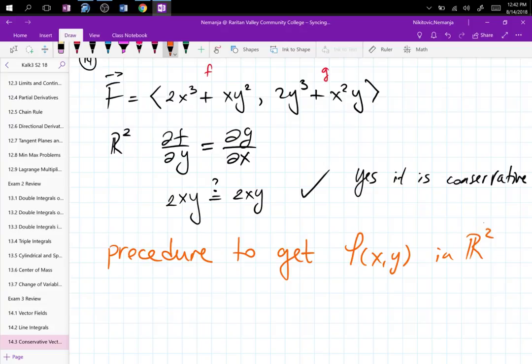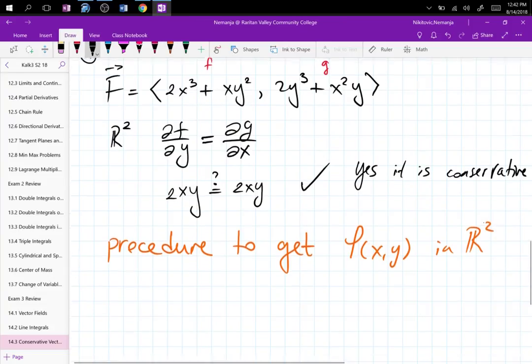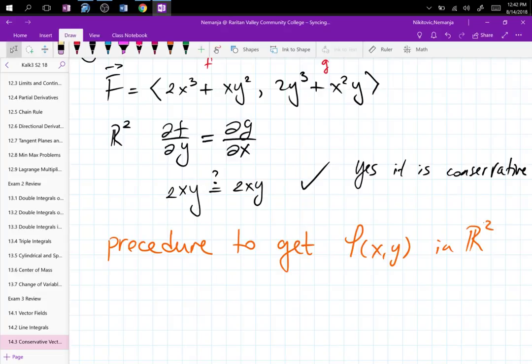We are also going to do R3. So what do we know? We know that our vector field F is equal to del of this function phi, right? So what we actually have is the vector of partial derivatives of phi.